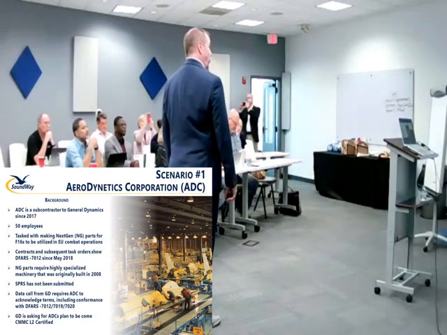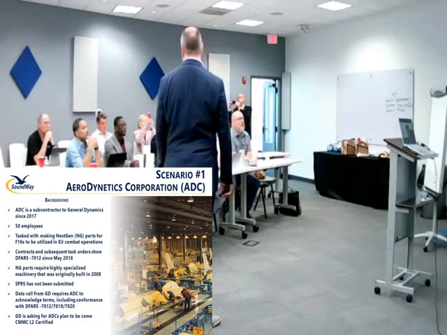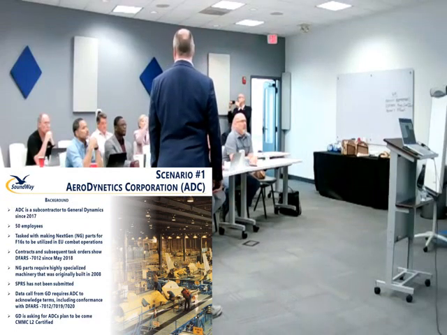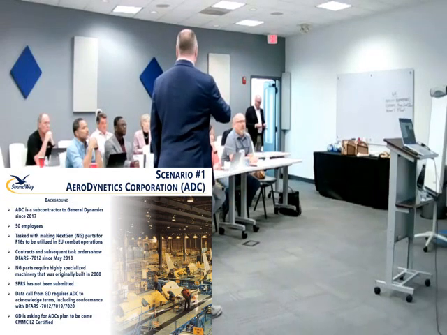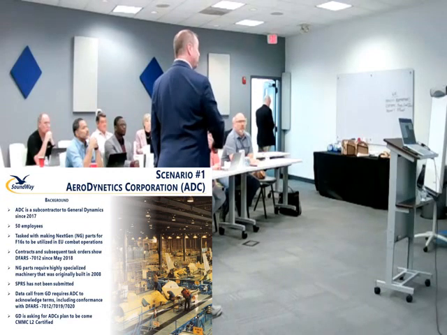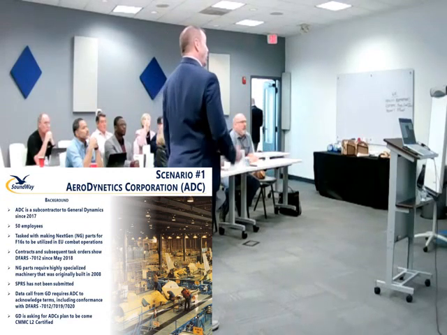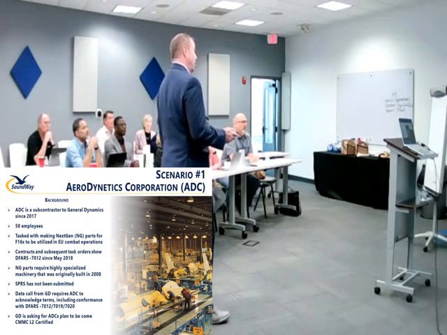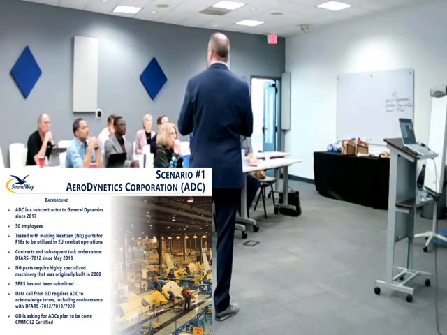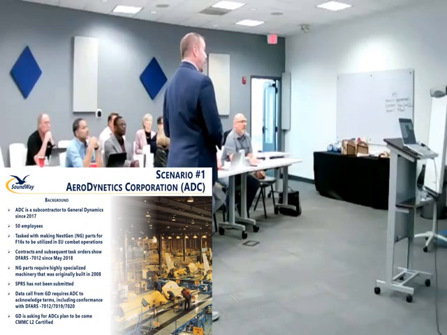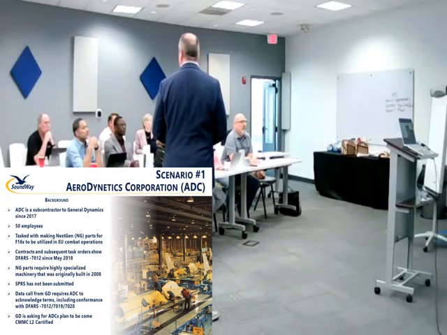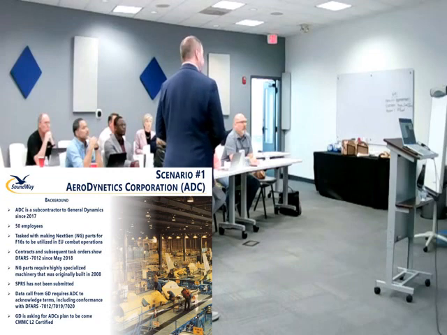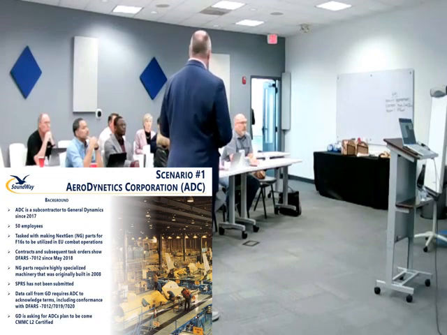Contracts and subsequent task orders show that the DFARS 7012 clause has been in place since 2018. We are operating on today's date, 2023. These next generation parts are highly specialized, require highly specialized machinery, and started to be originally built in 2008. First work has not been submitted.